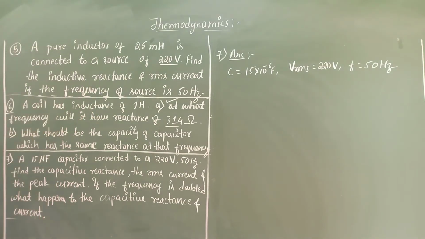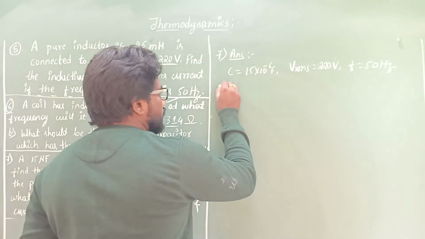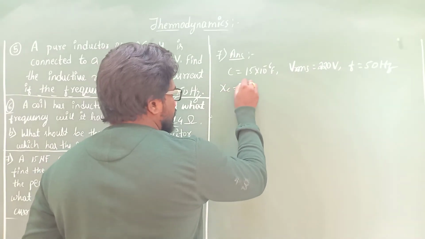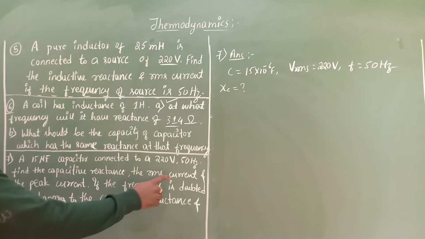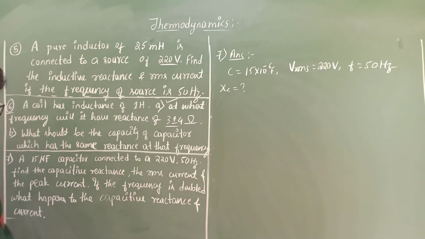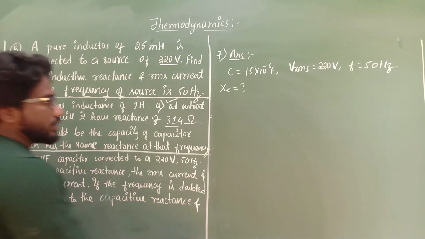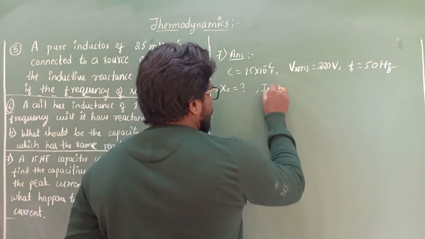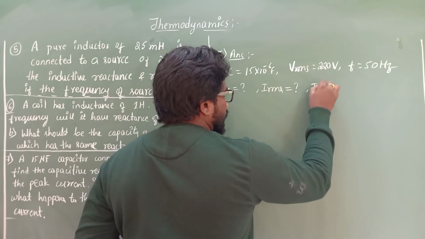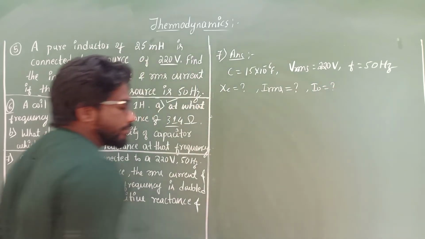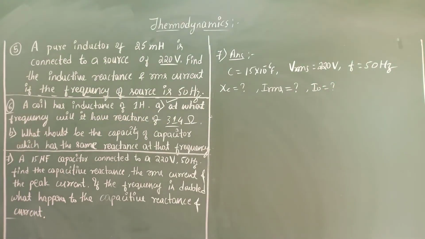Find the capacitive reactance, that means you need to find the value of XC, and the RMS current, IRMS, and also the peak current I naught, or you can write IM.